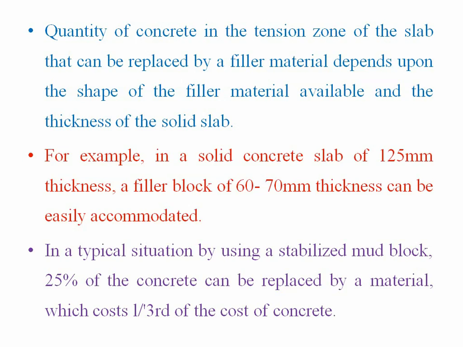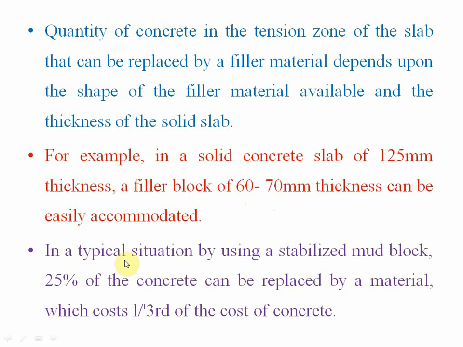For example, for a solid concrete slab of 125 mm thickness, you can go for a filler block of 60 to 70 mm thickness. This is how the choice of the material differs.